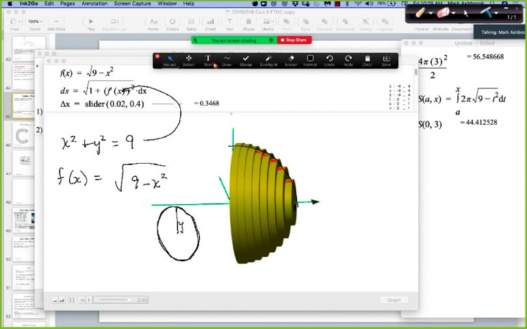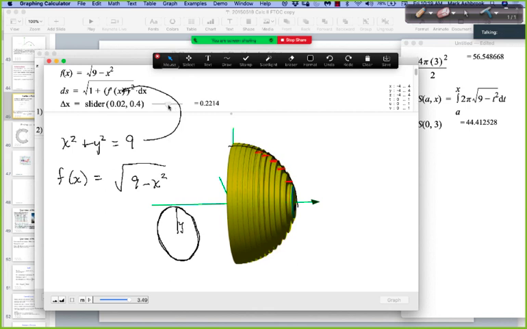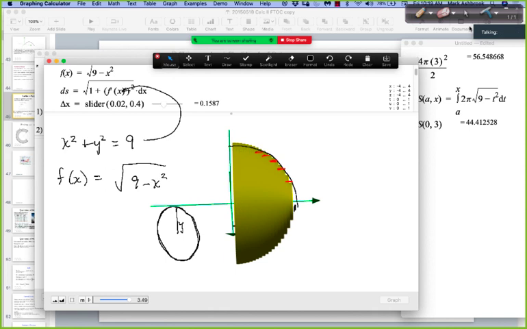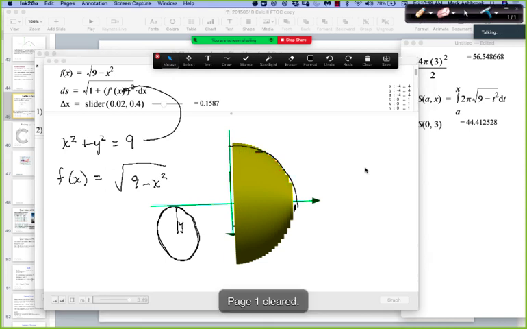So no matter how small I make delta x, I'm still accumulating according to the edges of these ribbons that are parallel to the x-axis. What's wrong with that? There's something wrong with that.